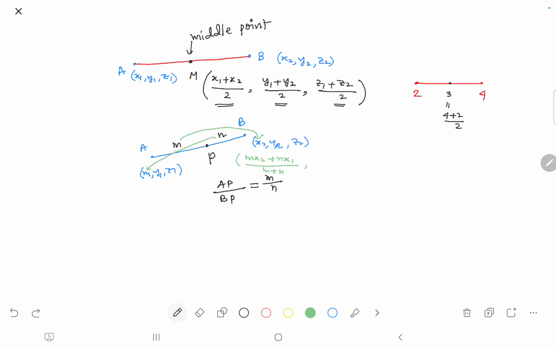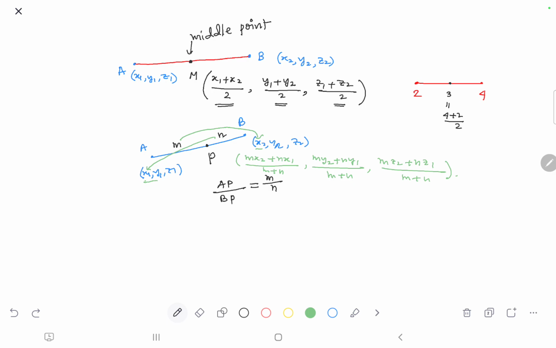How do you remember? M is with the X1 side, so M you multiply with X2. And N is with the X2 side, so N you multiply with X1 and put it here. And below is always the sum. Same thing for Y: M times Y2 plus N times Y1, divided by M plus N. Then M times Z2 plus N times Z1, divided by M plus N.